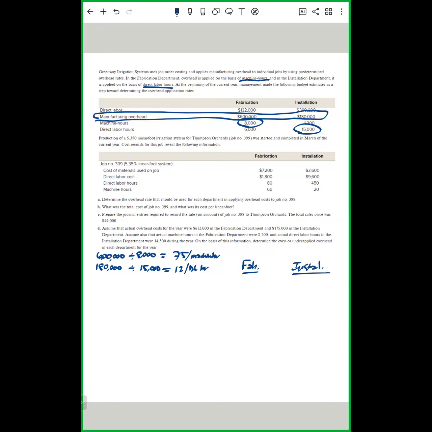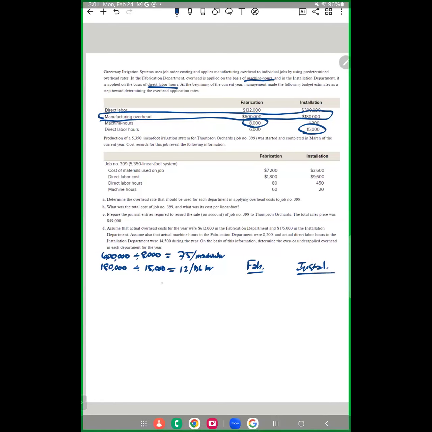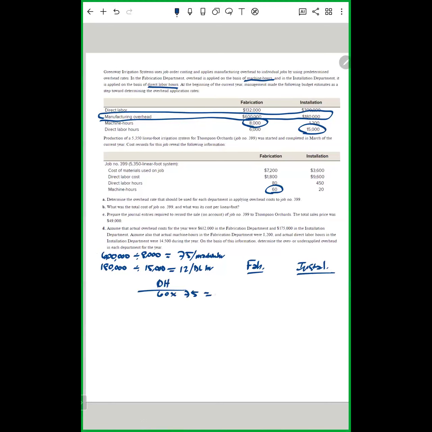Let's do overhead first. So we're trying to put the overhead into these departments. For the fabrication department, we use machine hours. So our machine hours are 60. So we're going to say 60 times the 75. So 60 times 75 is 4,500.